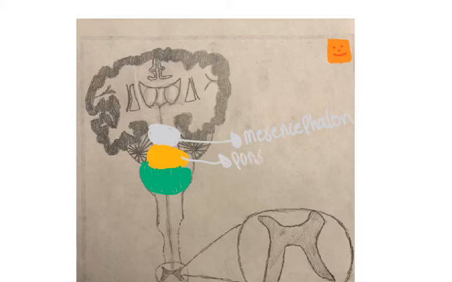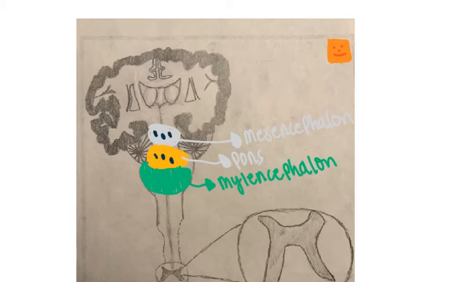So let's write pons, and then we have our myelencephalon, which is also called our medulla oblongata. And in each of these three parts of the brainstem, guys, we have many neurons or nuclei present. Let's say it looks like this. We have some nuclei here, some nuclei there, and some nuclei here.